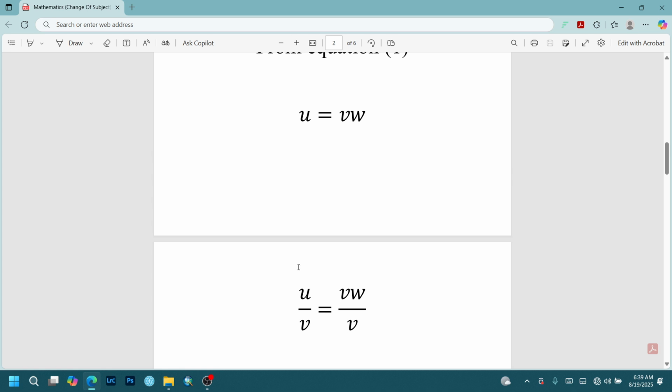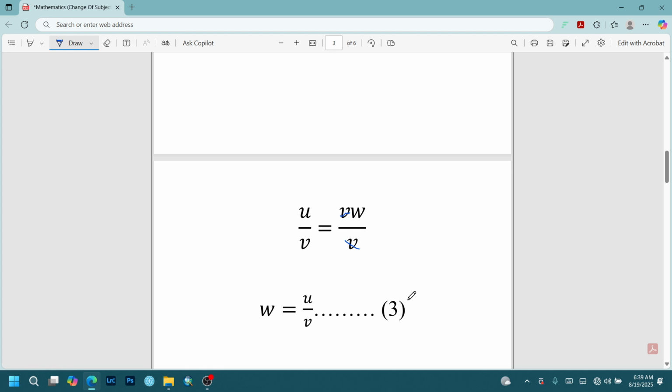So this V would cancel itself out. This V will cancel itself out here. So you are going to have W equals U over V, right, as our equation 3.